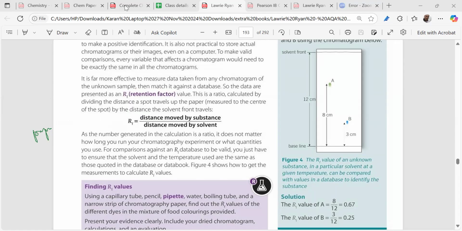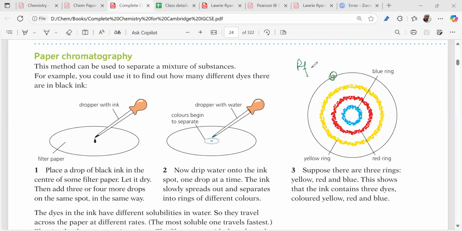The solvent is very important. If you change the solvent, the RF value changes. If you change the chromatography paper, the RF value will change, right? So RF value is a constant of a particular solute in a particular solvent and a particular chromatography paper, right? That's very important, because the attraction might be different, right?